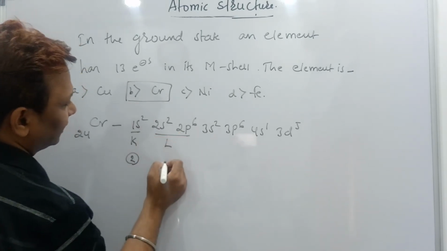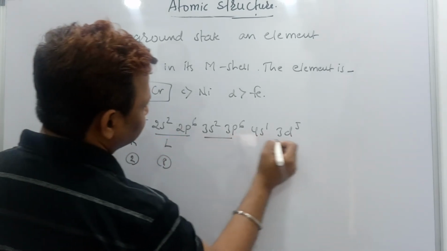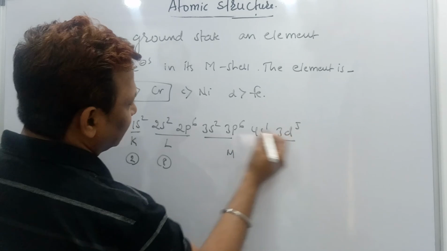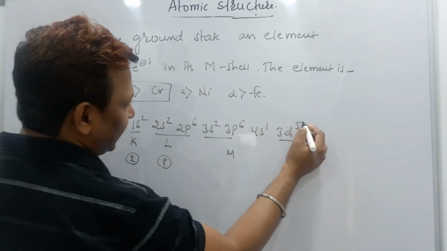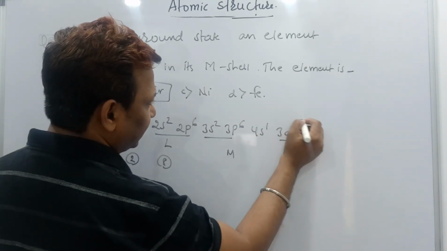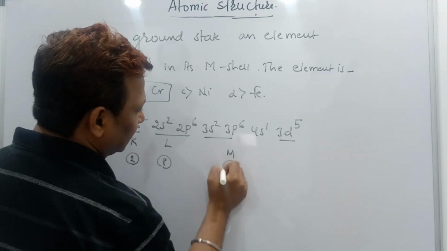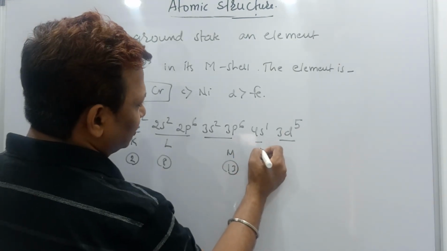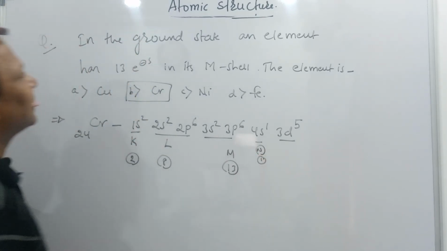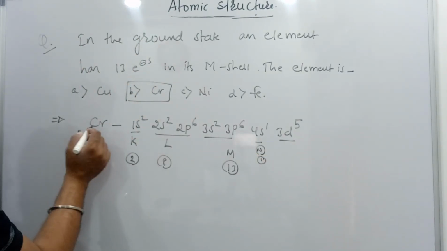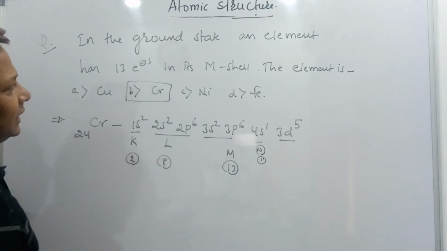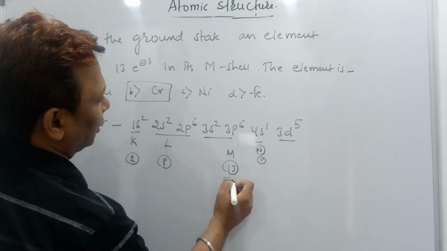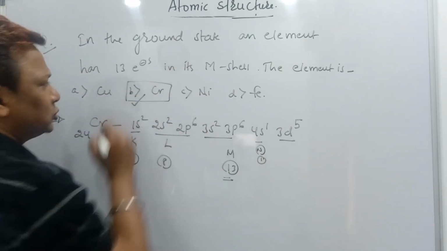This is the L shell, total 8 electrons. This is the M shell, right, beta? It has 6 plus 2, 8, 8 plus 5, 13 electrons. The last one is the N shell, which has 1 electron; we don't want that. It is asking about the ground state, so this is the ground state configuration, and in this M shell there are 13 electrons. So I feel my answer should be chromium.